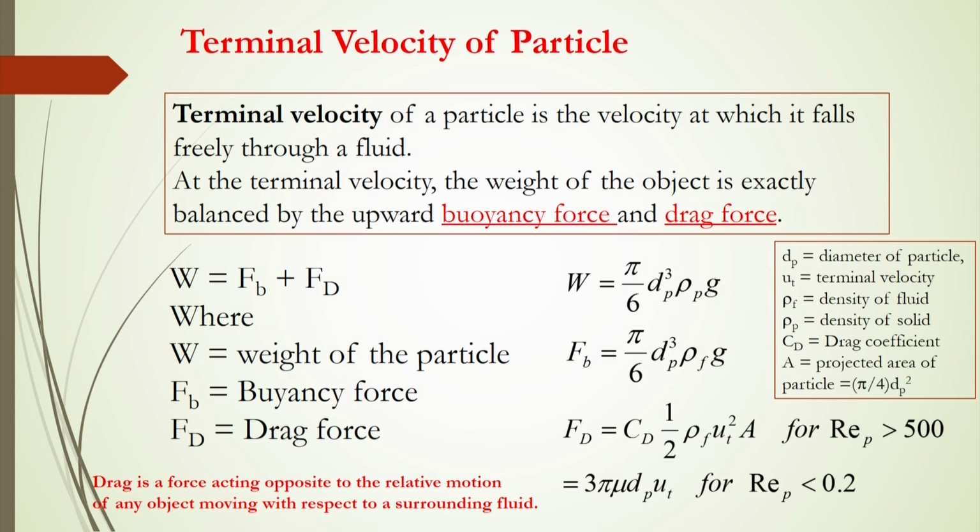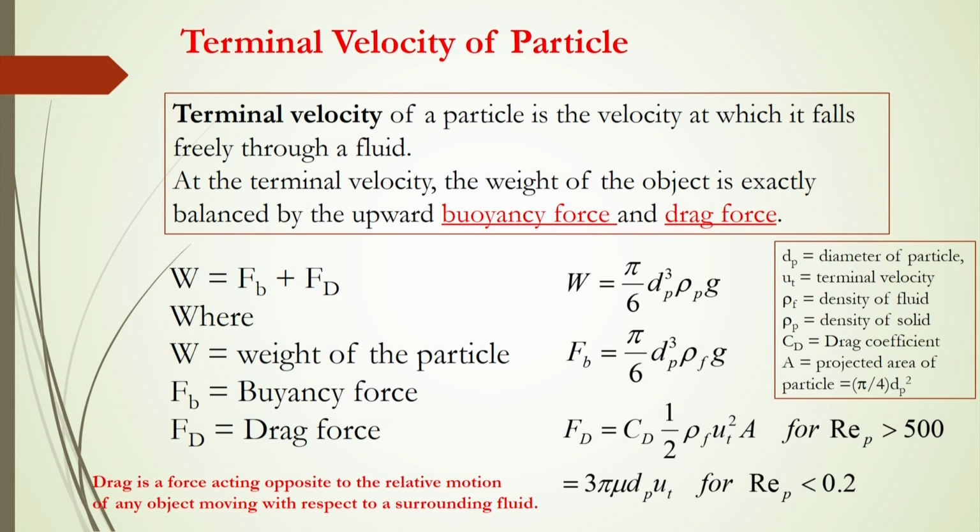This is basically the velocity at which the particle falls freely through a fluid, and at the terminal velocity the weight of the object, or particle, is exactly balanced by the upward buoyancy force and the drag force.